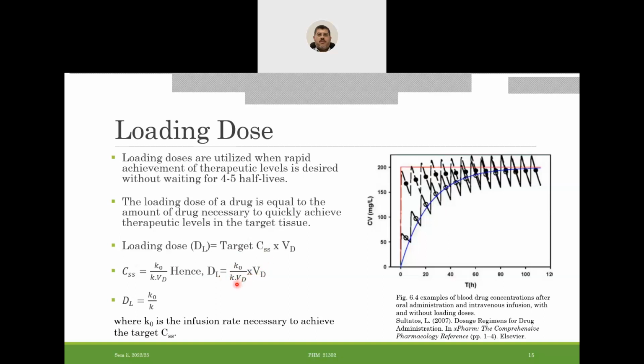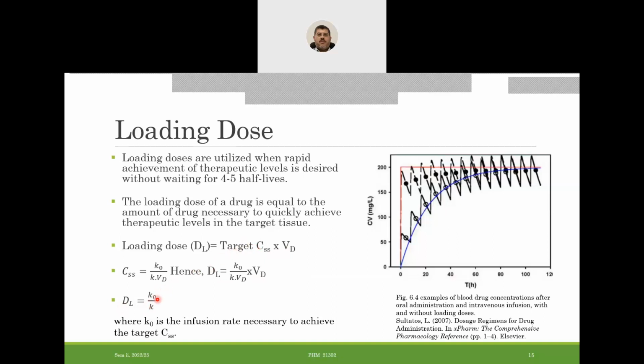VD is eliminated, being in the numerator and denominator, so you can estimate the loading dose from a very simple equation: infusion rate divided by K. So instead of multiplying Css by VD, if you don't know VD but you know the elimination rate constant, divide the infusion rate that you will use by the elimination rate constant. This is another equation, so using either this or that is correct.